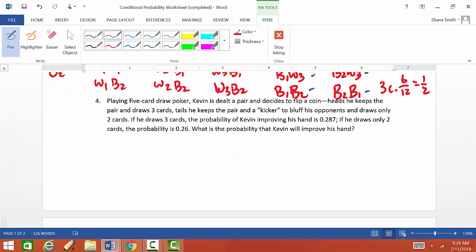All right, number 4. So we have Kevin. He's a poker player. He's dealt a pair, decides to flip a coin. So you get heads or tails if you flip a coin, which is a 50% chance each. And then heads, he keeps a pair. If he keeps the pair, his chance of improving is 0.287.